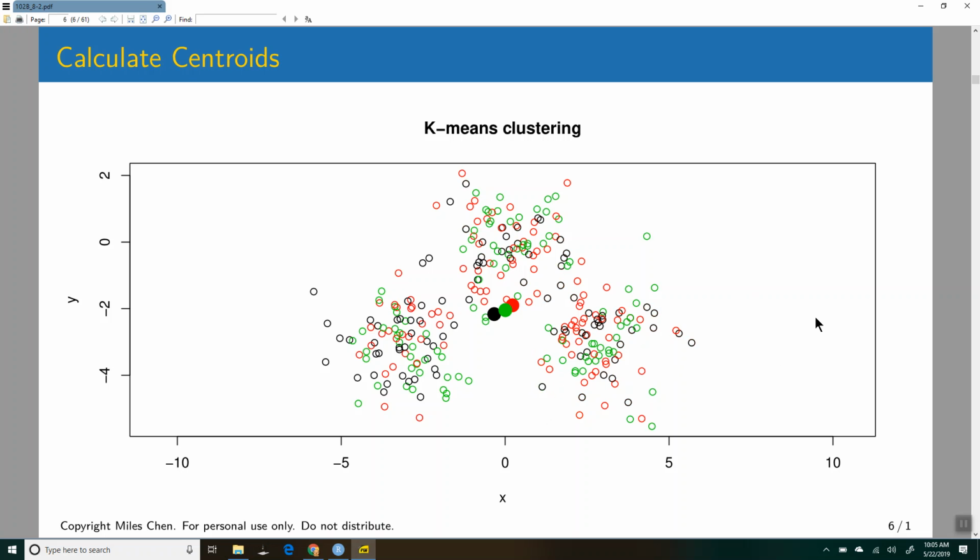Okay, so we assign points like this, and then they get reassigned to their centroids. Then we reassign points, the centroids are recalculated, we reassign points, the centroids are recalculated, and again.